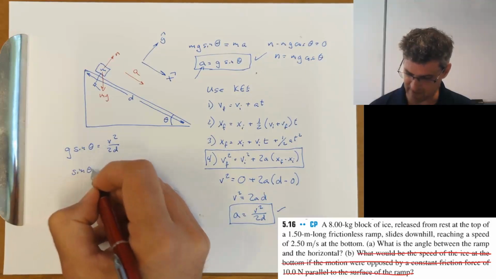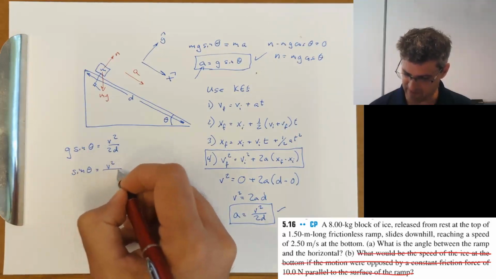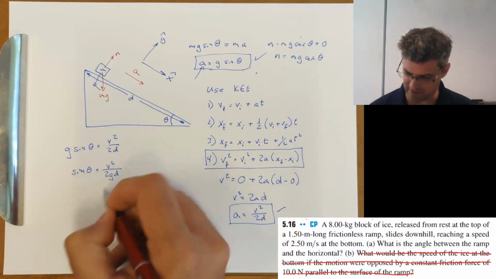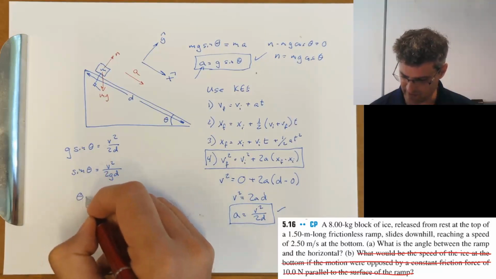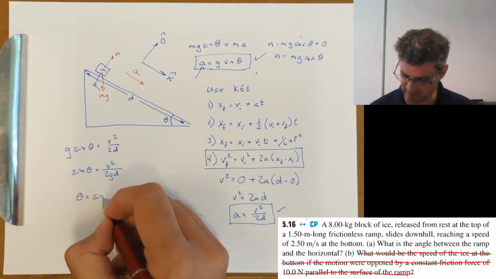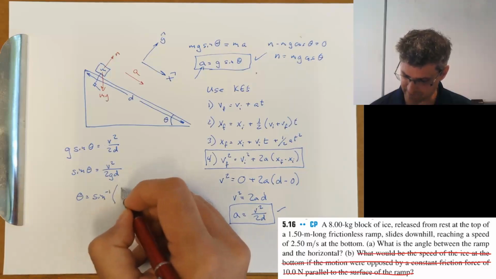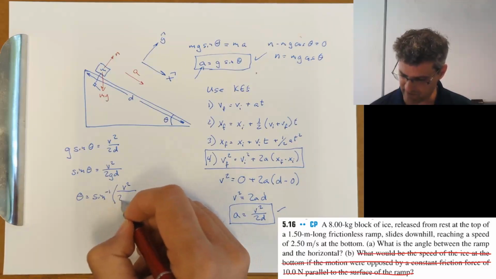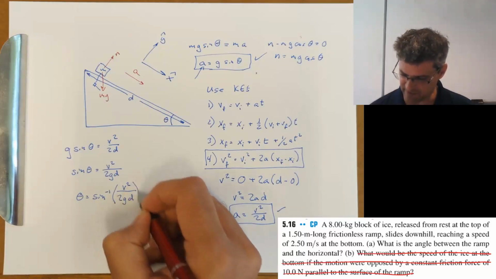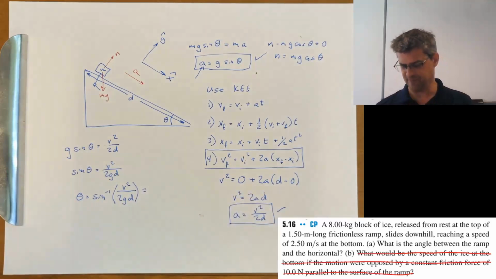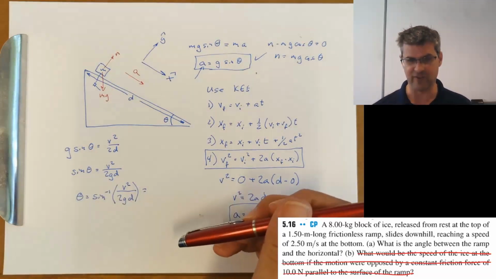This means that sine theta is v squared over 2gd, or that theta is equal to the inverse sine of v squared over 2gd. We know the final velocity, we know g, we know d. We can solve for this angle.